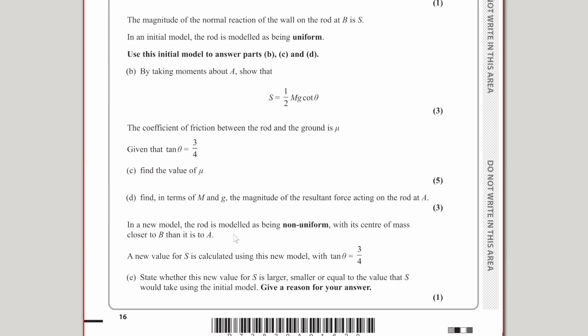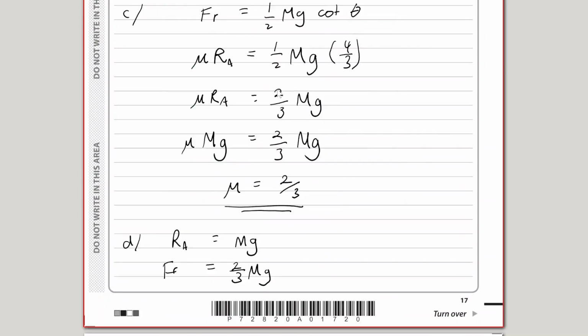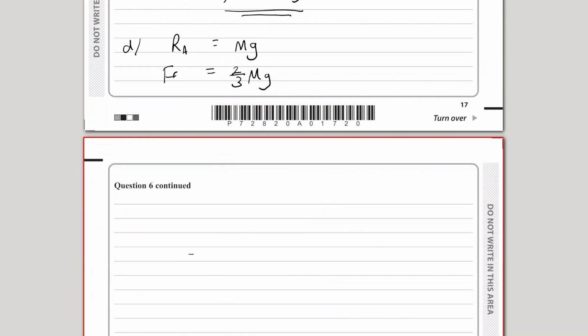So we want to know the resultant force. We've got two forces. We've got a friction force acting this way of 2/3 mg. We've got the normal reaction of mg, and we want the resultant force. So that's like the hypotenuse.